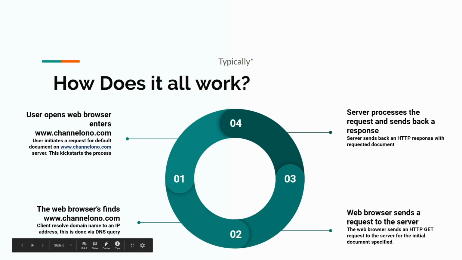So your client, the web browser, sends an HTTP GET request to the IP address of the server. Basically, that is the endpoint, and the request gets processed on the server, and the server sends back a response. So this is typically how a web interaction happens on the HTTP stack.